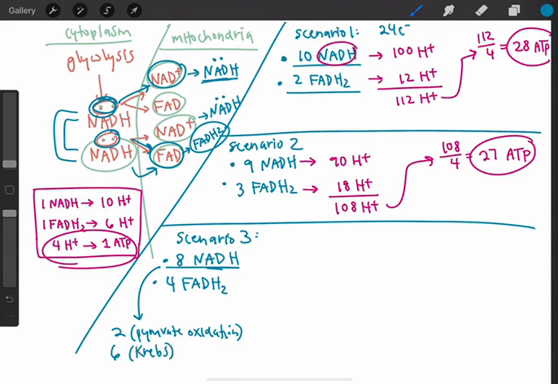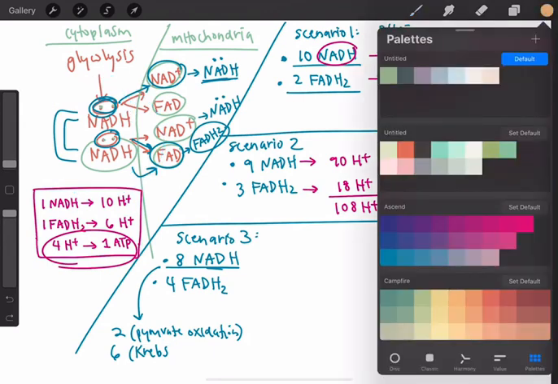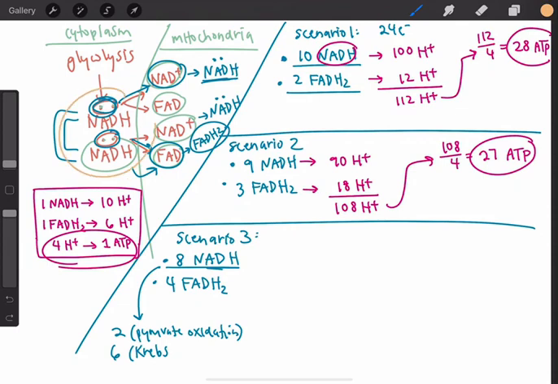So that's what gives us our 8 NADH here. None of the NADH molecules produced by glycolysis has passed on their electrons to another NAD plus molecule. Instead, they have passed on their electrons to FADH2. That's what gives us 4 FADH2 molecules.